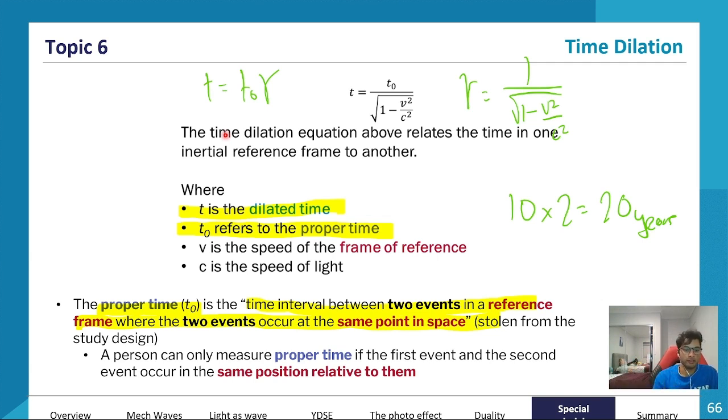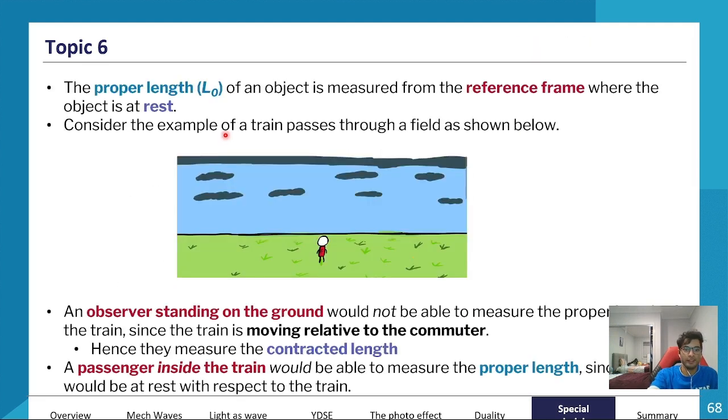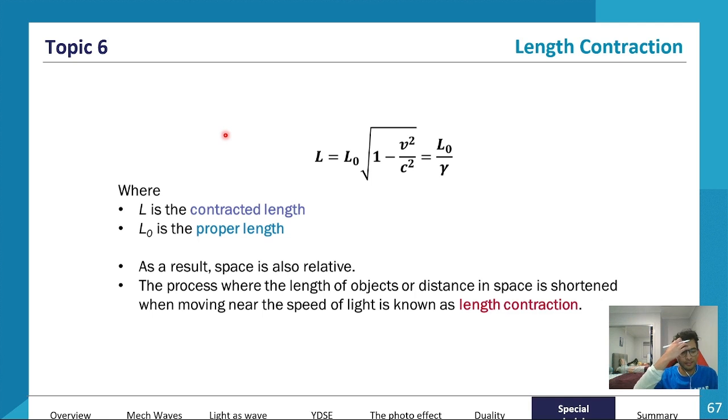So while he only experiences like 5 or 10 years, the people back on Earth experience 100 years. And that's why when astronauts go to space, they will age slower than us on Earth because of time dilation. Because they're traveling at such a fast speed, their time essentially slows down relative to us. Very, very confusing stuff.